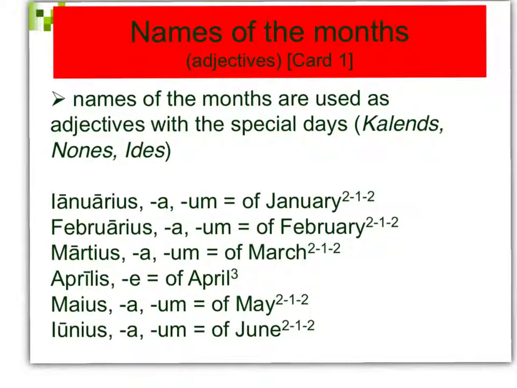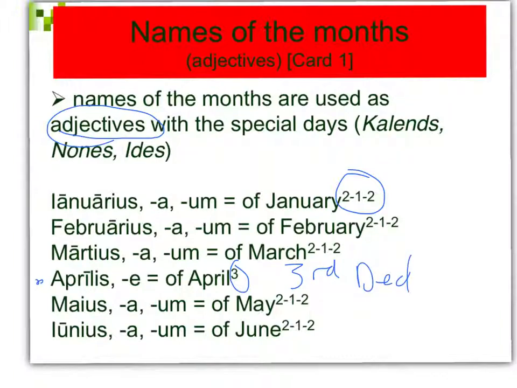Remember that when you're using the names of the months, they are used as adjectives. And so here are the adjectives in Latin and what they mean. So Januarius, -a, -um is of January, and the 2-0-2 means it's a first and second declension adjective. Notice that April has a 3 next to it, so that is a 3rd declension adjective.